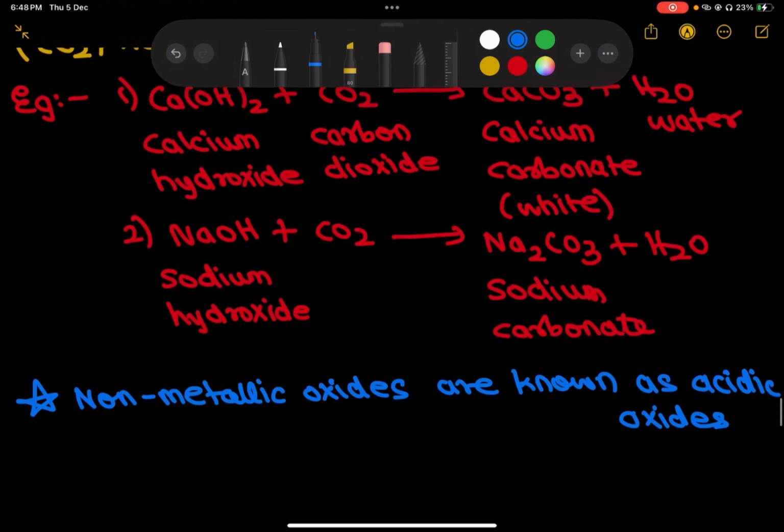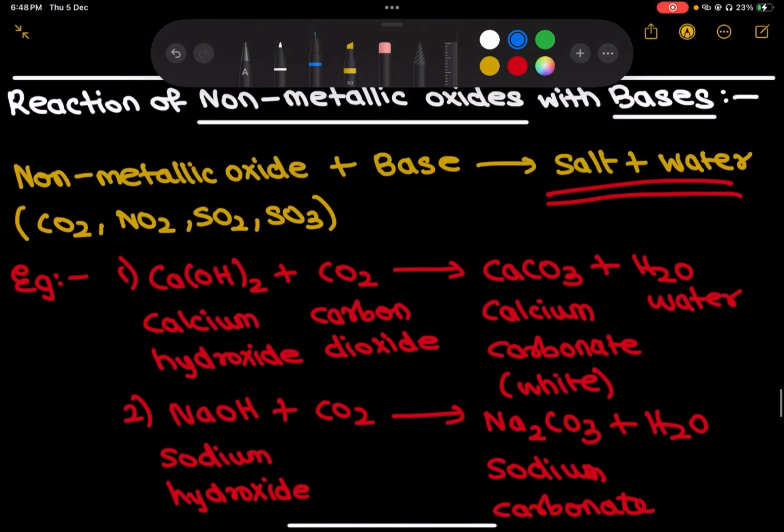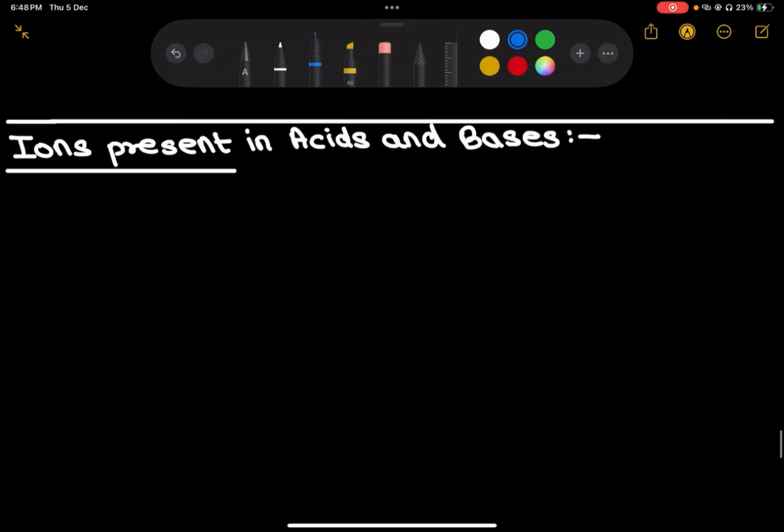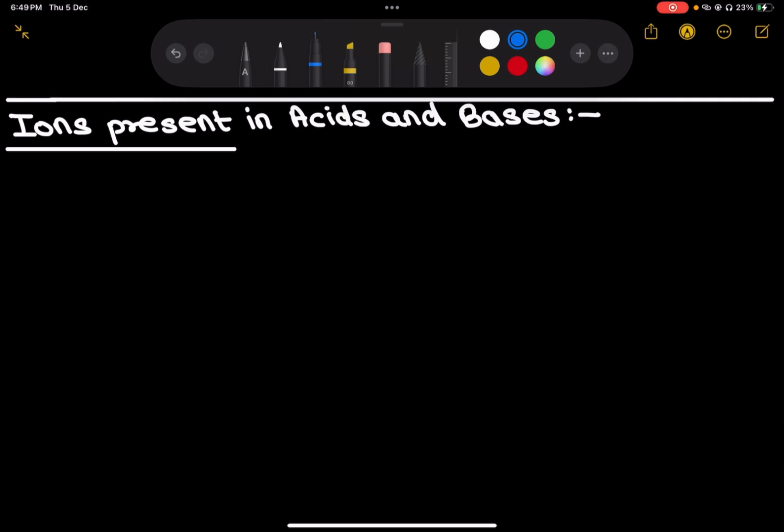Understood? Okay. So those are the first two reactions done. Now we'll move on to the ions present in acids and bases. Okay, so basically what is common in all acids and what is common in all bases. So here we'll do an experiment to find out the ions present.